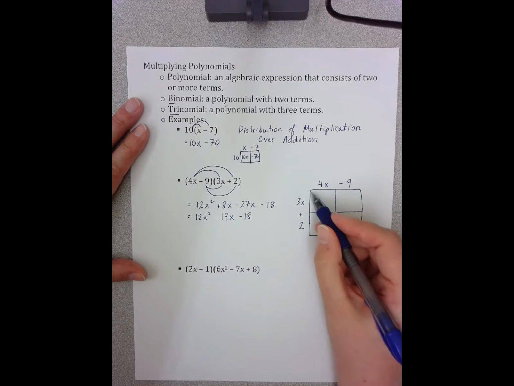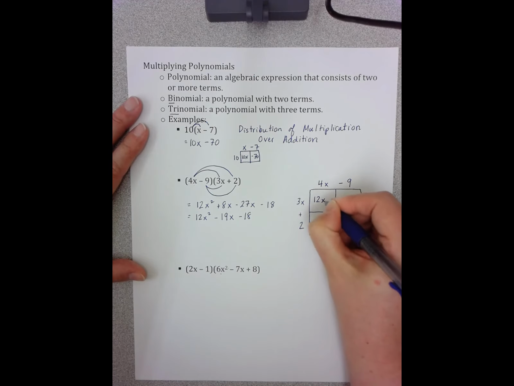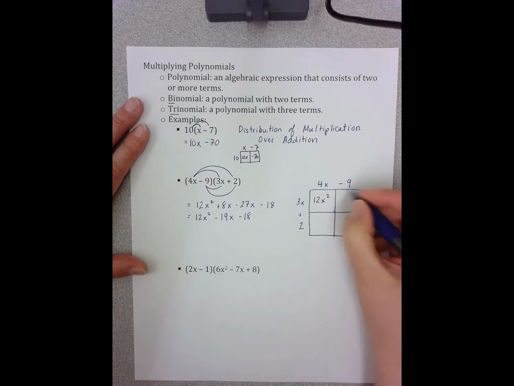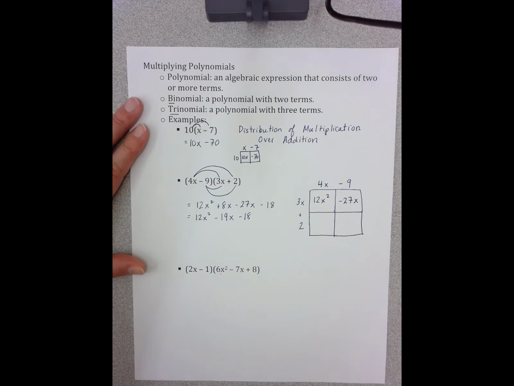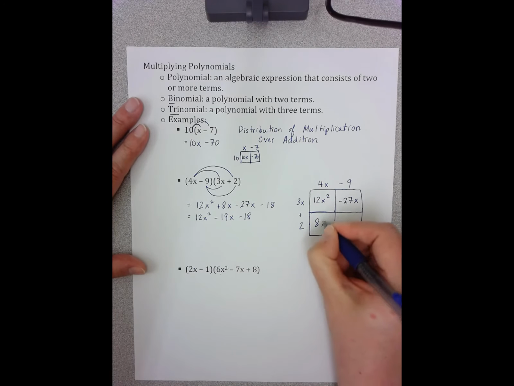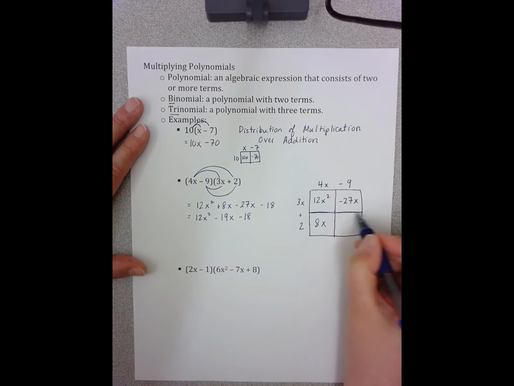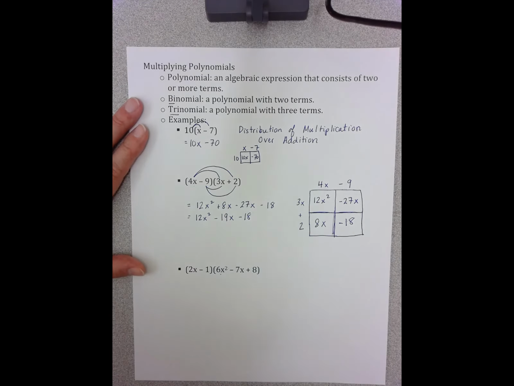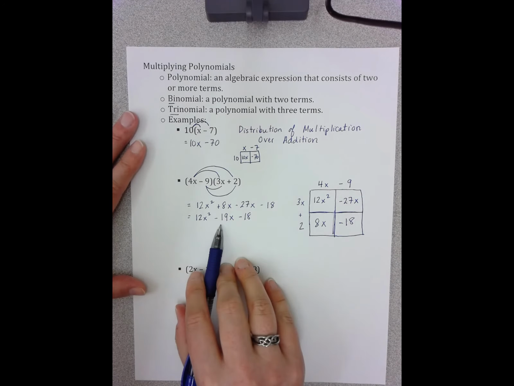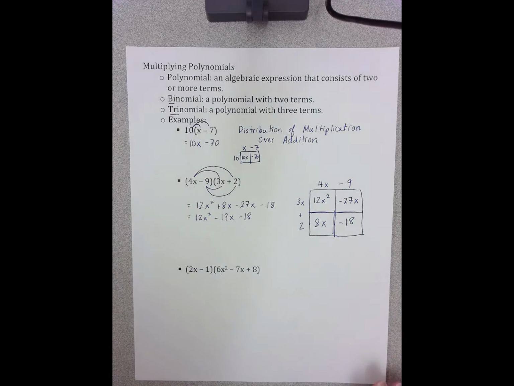So 4x times 3x, 12x squared, negative 9 times 3x, negative 27x, 4x times 2, 8x, negative 9 times 2, negative 18. And then I combine the like terms here and I get the exact same answer as I got over here using the double distribution.